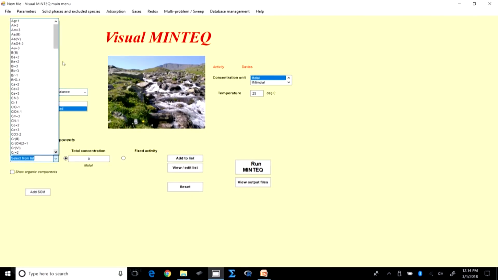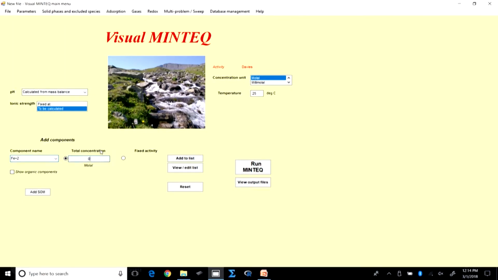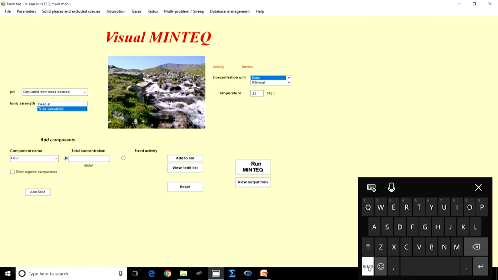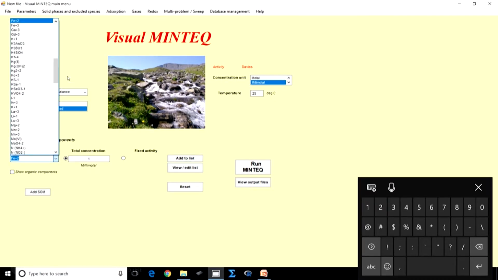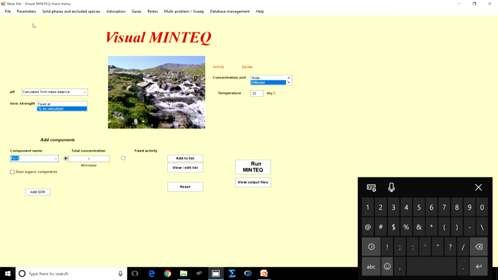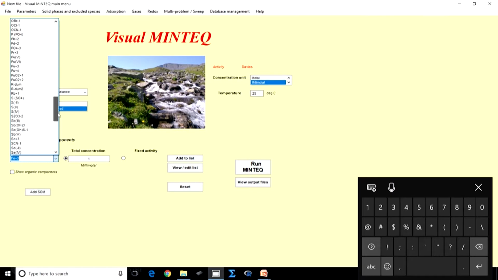So let me first plug in the metals Fe2+ and Fe3+, and so it's 1 millimolal. I am going to plug that in, add that to the list, and Fe3+, again same concentration, I am going to add that to the list, and SO4 2-, at the same concentration. Where is SO4 2-?